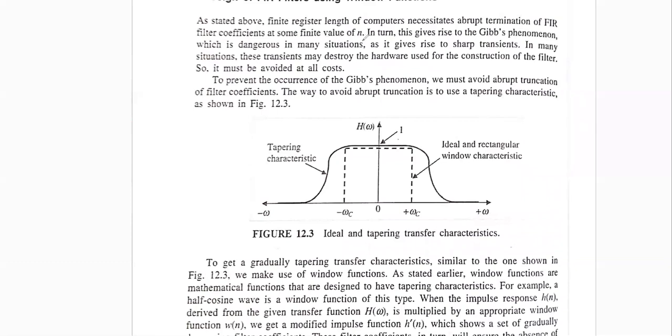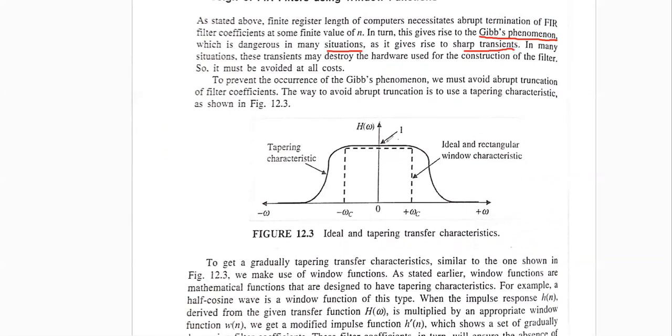So we need to stop our coefficients abruptly, and there is a problem. In turn, this gives rise to the Gibbs phenomenon. I already mentioned what the Gibbs phenomenon is, which is dangerous in many situations, as it gives rise to sharp transients.